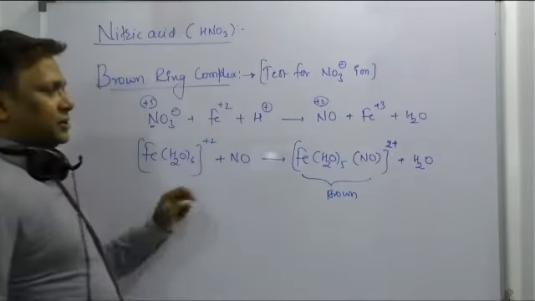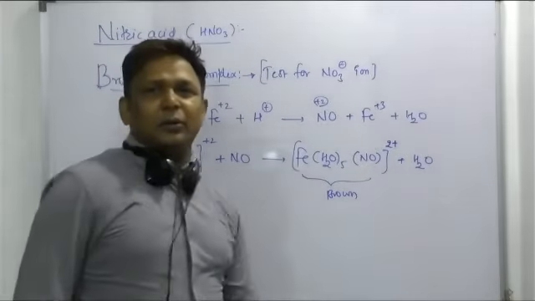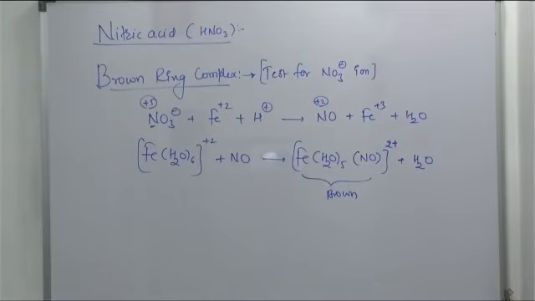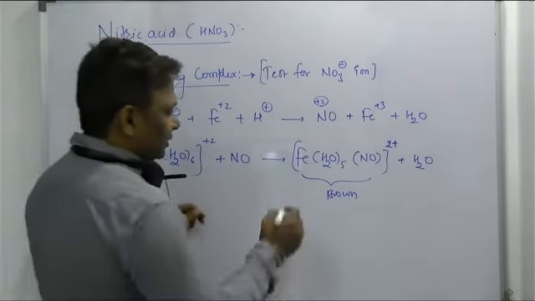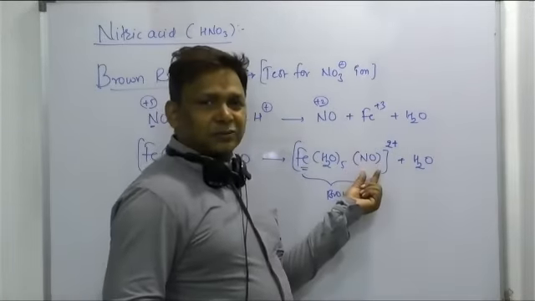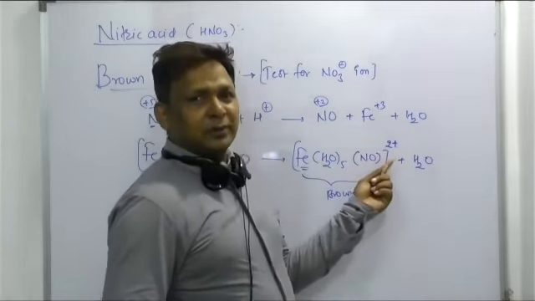What is the oxidation number of Fe in the brown ring complex? See beta, [Fe(H2O)6] 2 plus is converted into [Fe(H2O)5 NO] 2 plus ion. I'll tell you, beta. NO becomes plus 1, plus 2 becomes plus 3.